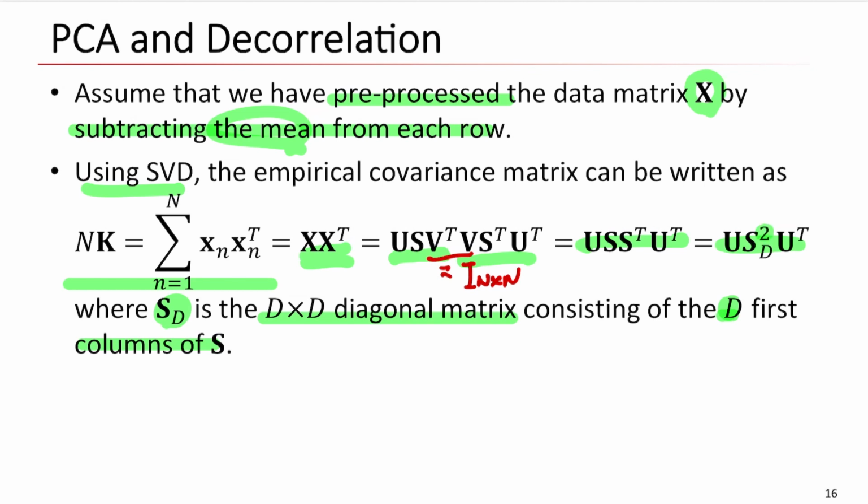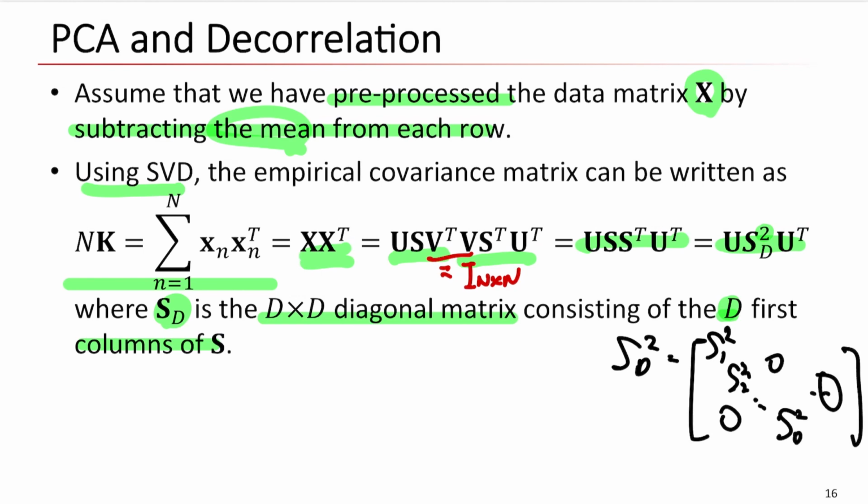So S_D square means S1 square, S2 square, up to St square, 0, 0, 0, right?